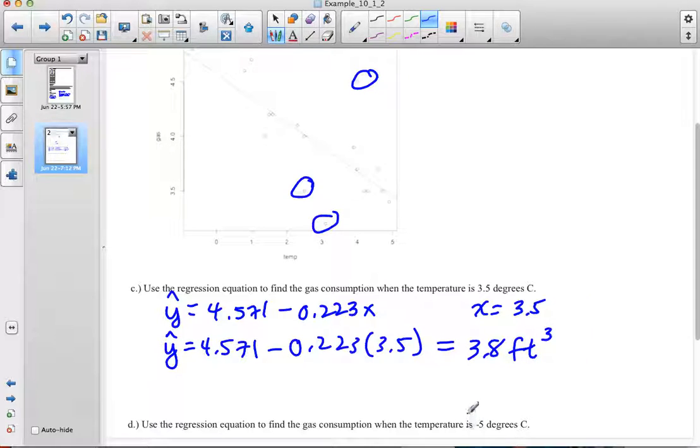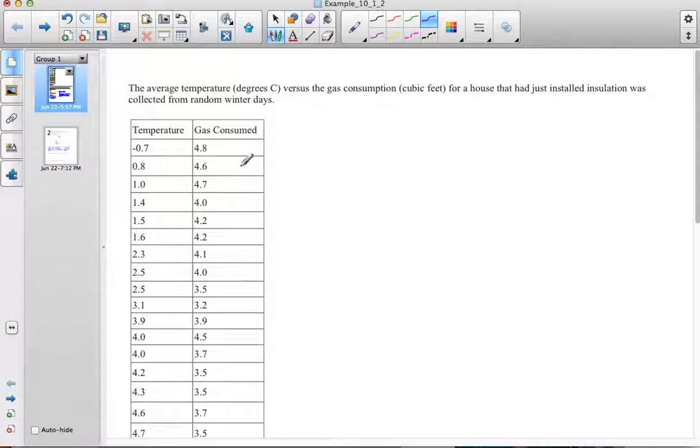Don't forget the units. So I should put the units on x too. So that tells me that when the temperature outside is 3.5 degrees Celsius, which is above freezing, I'm going to use 3.8 cubic feet of gas. If I go back and look at my data for just a second, I will notice that I don't actually have a 3.8 as one of my x values.